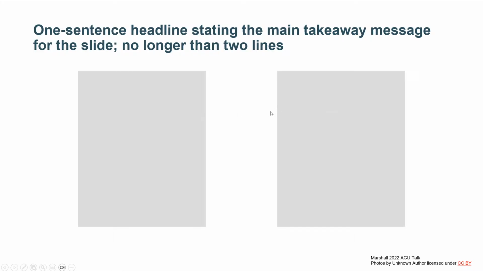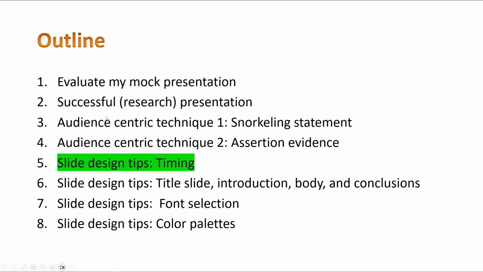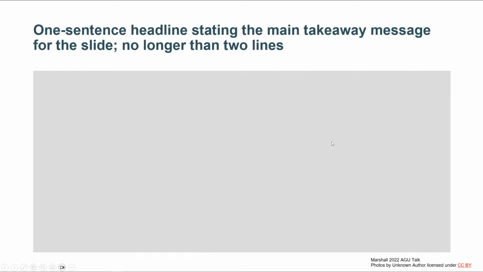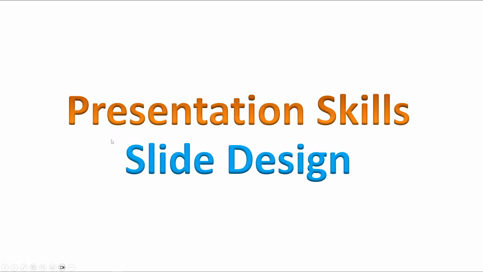With this, I end my lesson on audience-centric techniques, the snorkeling statement and assertion-evidence. You put the assertion-evidence statement and then use the picture superiority effect. Next lesson we will learn about slide design: how to select content, timing, font selection, and color palette. That's all for this lesson, and see you in the next lesson.